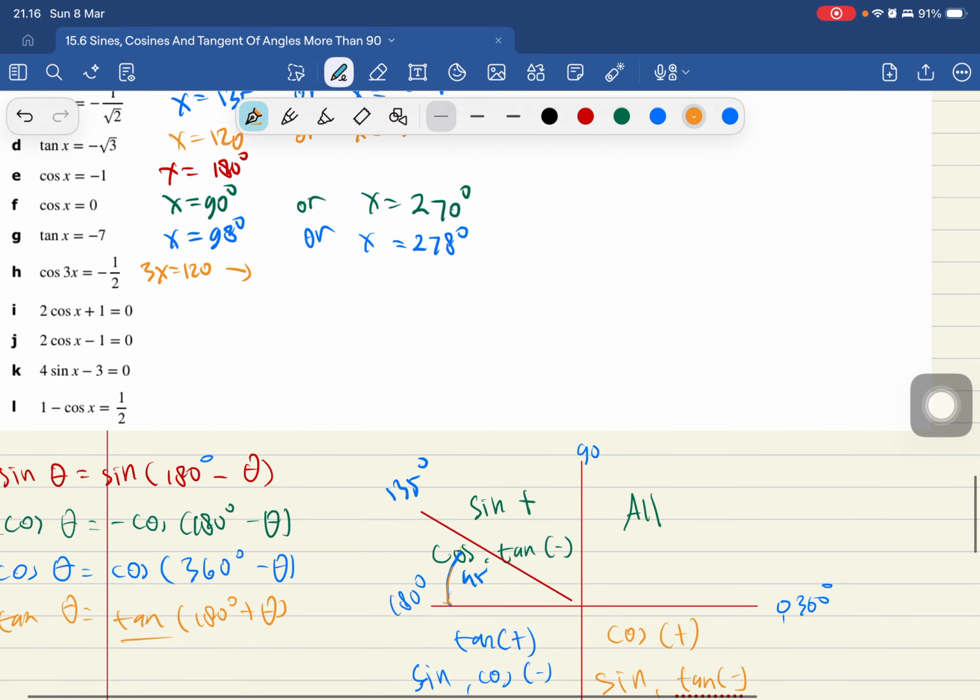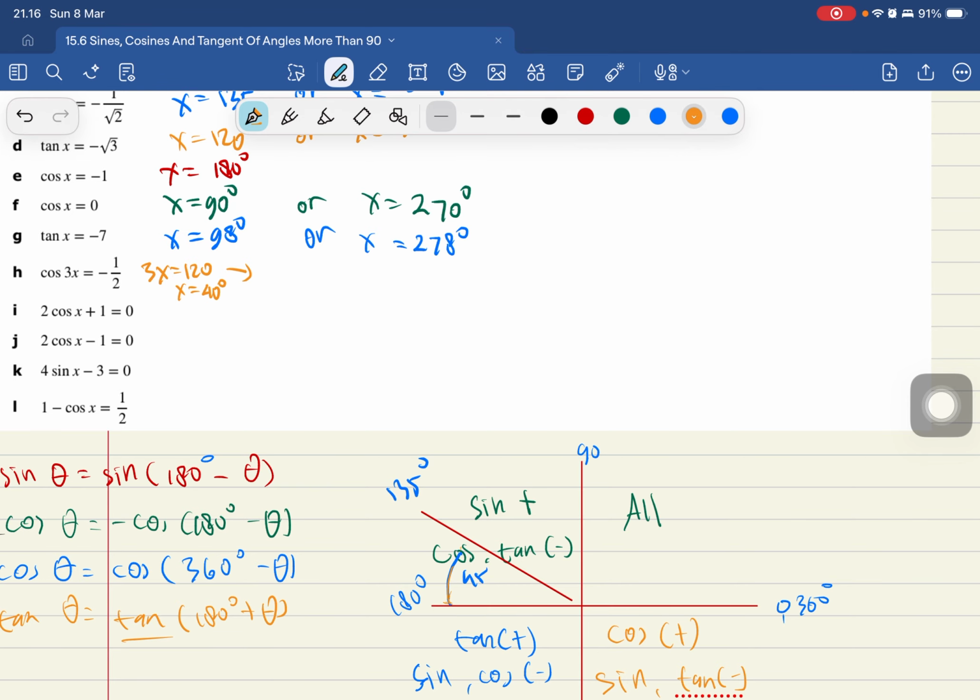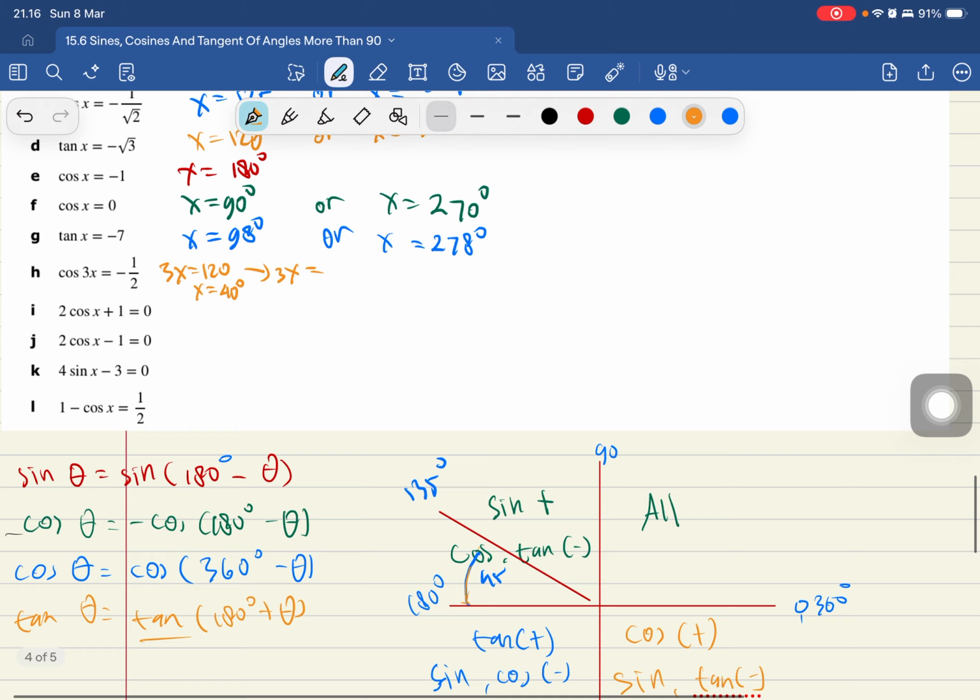And then we can divide by 3, so the first x is going to be 40 degree. Then next, if 3x is 120, 360 minus 120 gives 240, so x is going to be 80 degree.